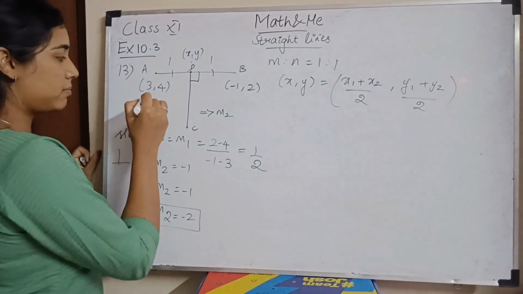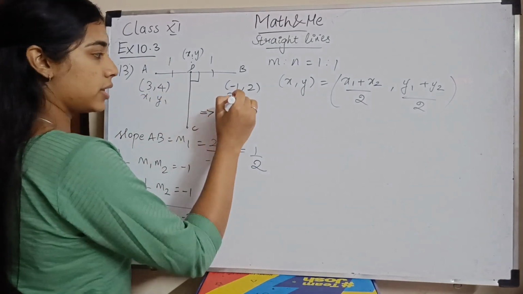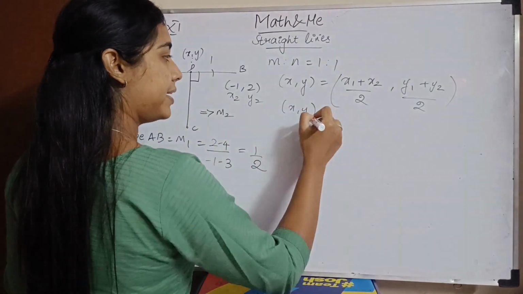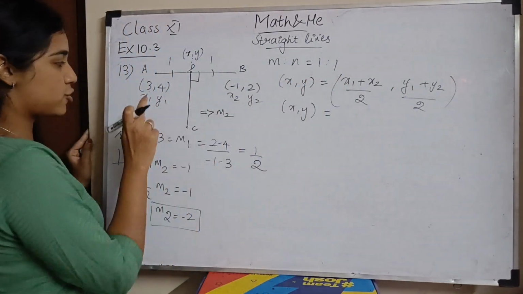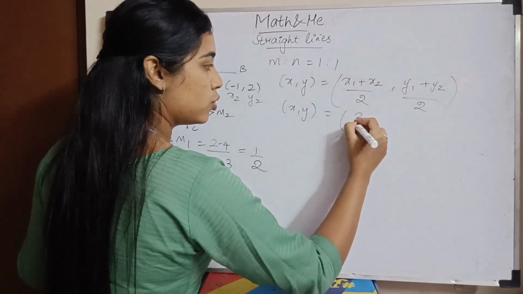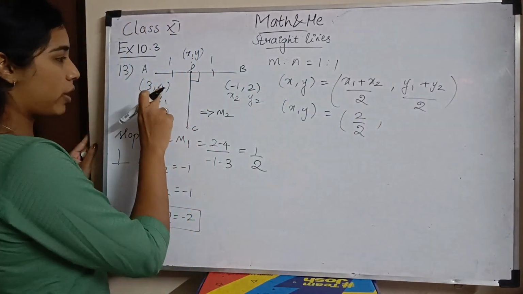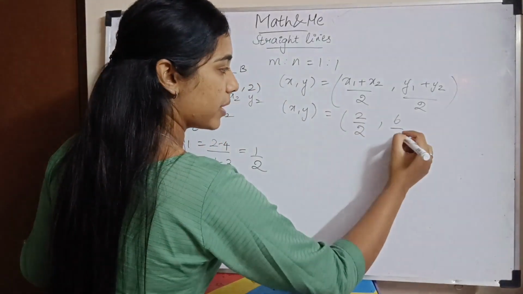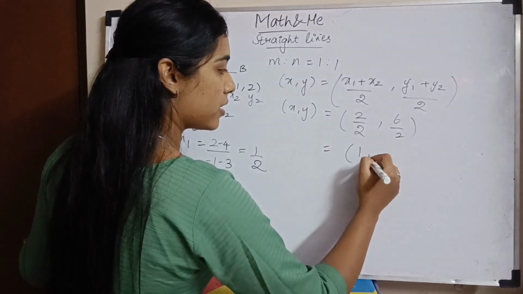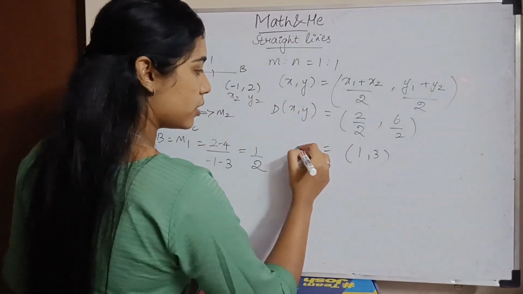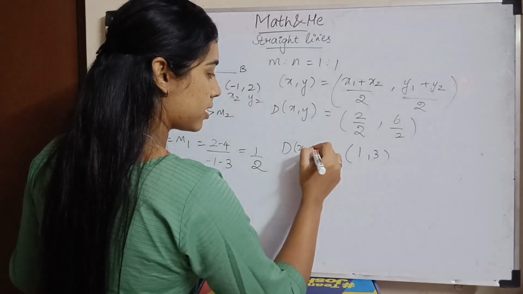So let me name them x1, y1, x2, y2. So x is 3 plus minus 1, which is 2, divided by 2, which is 1, and y is 4 plus 2 is 6, 6 by 2, which is 3. So now you know the point D, which is (1, 3).